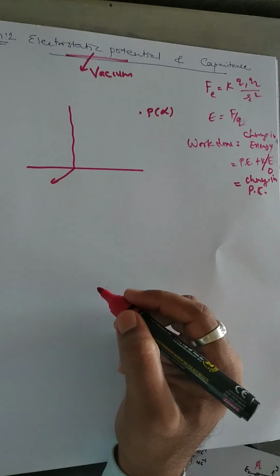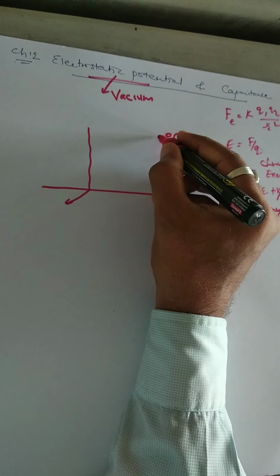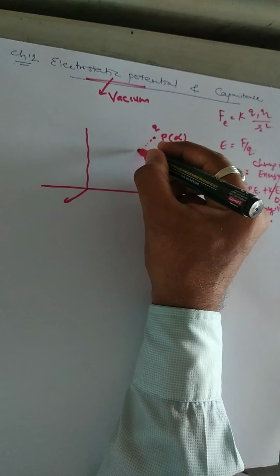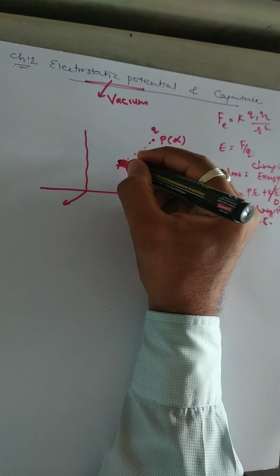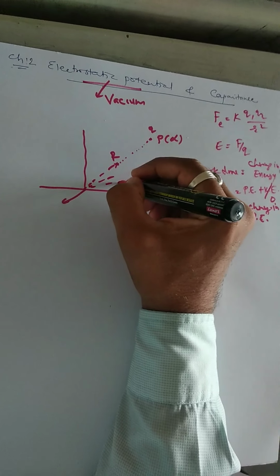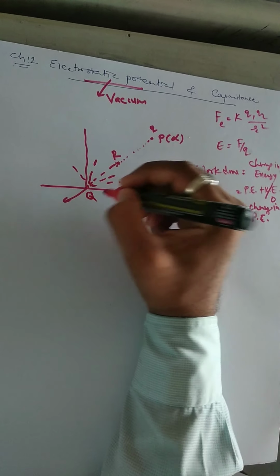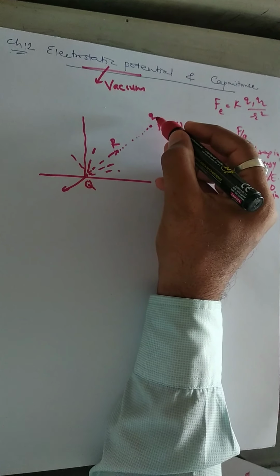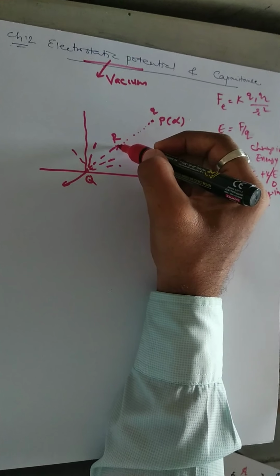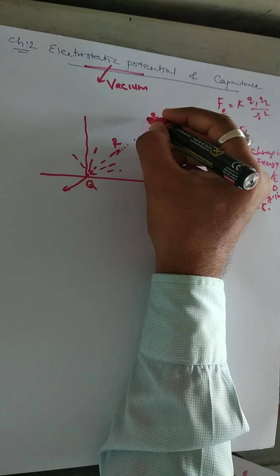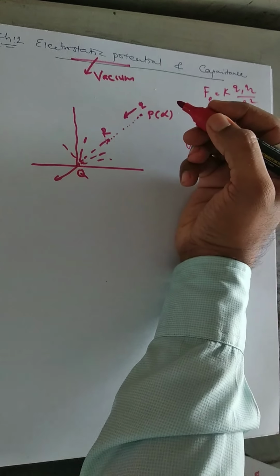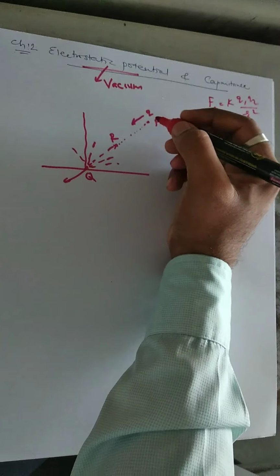So point P is at infinite distance, and I have to bring this charge, suppose this is a small charge Q, up to a point, suppose this is R, in a given electric field, that electric field being because of this positive charge Q. So to bring this unit charge Q into the given electric field, I have to apply some force, as the vacuum is there, so the acceleration is considered equal to 0 in this case.